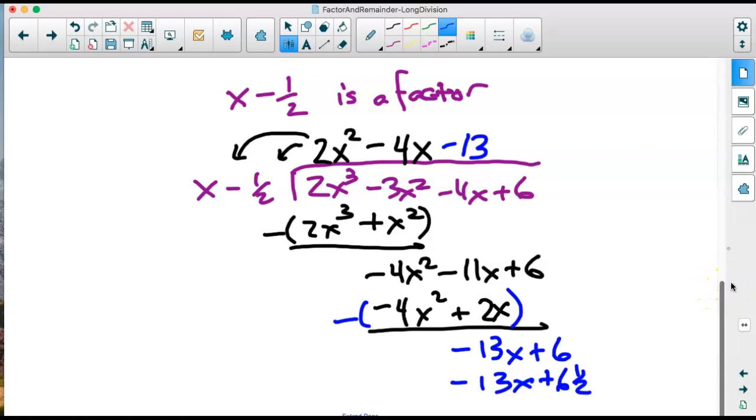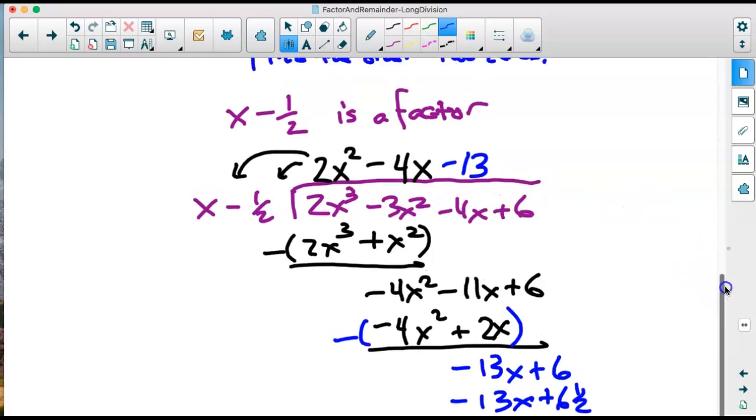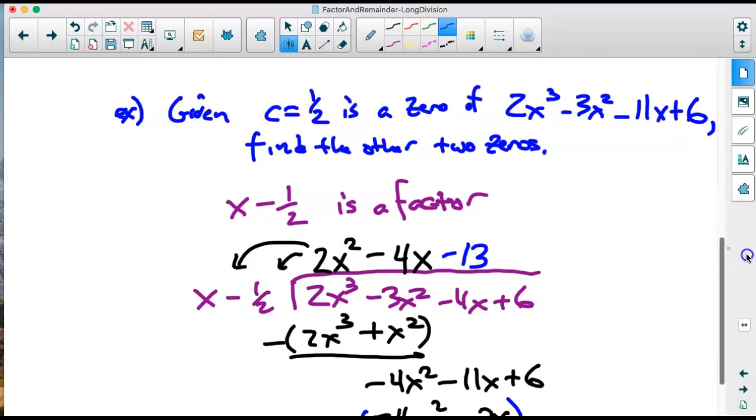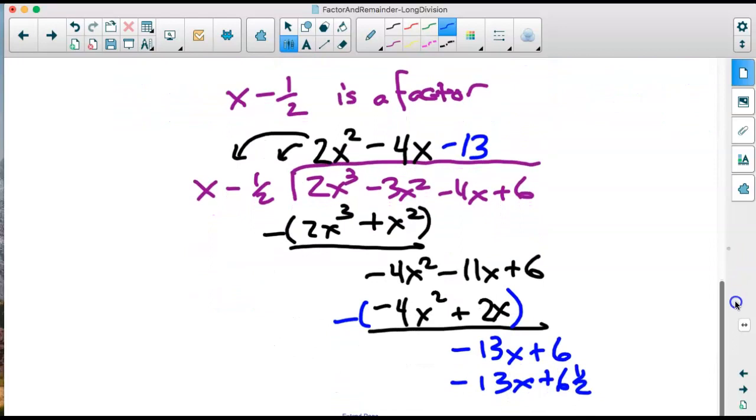So let's just double check this, because I took this from a problem, 2x cubed minus 11x is 3x squared, 2x cubed. All right, let's just double check to see if it's a factor, because it says given it's a 0, that means it's supposed to work.